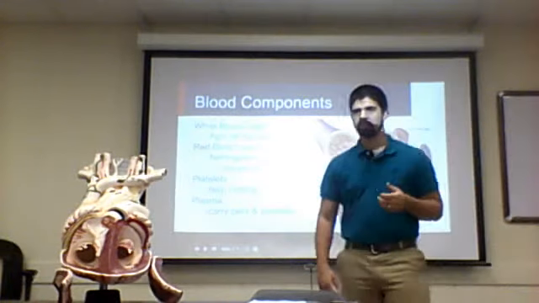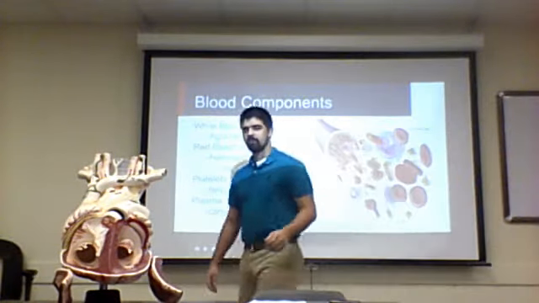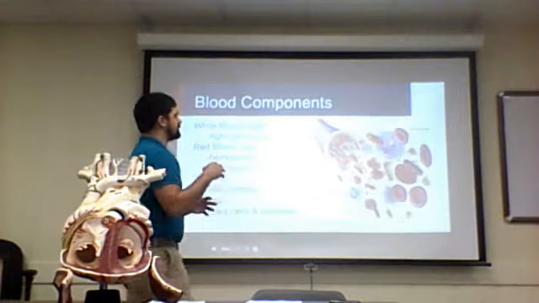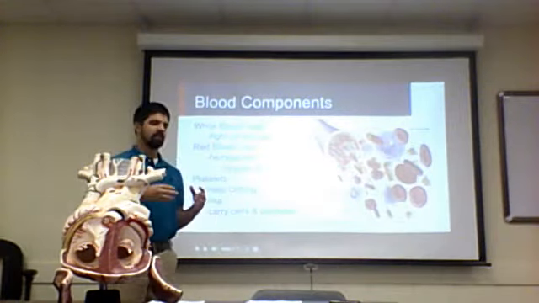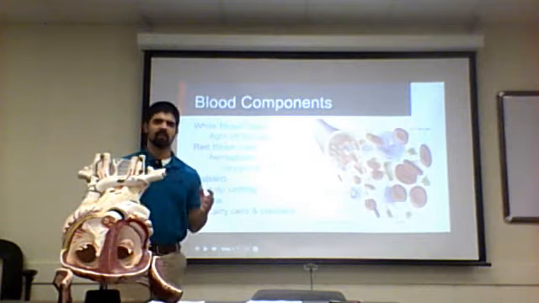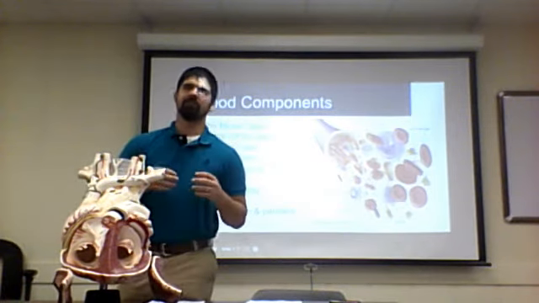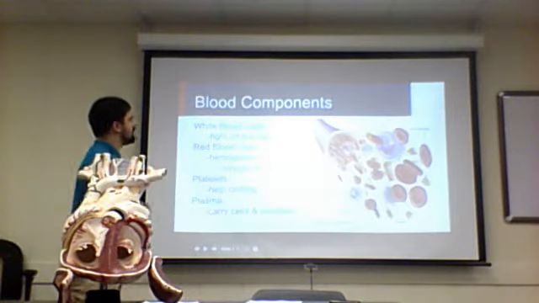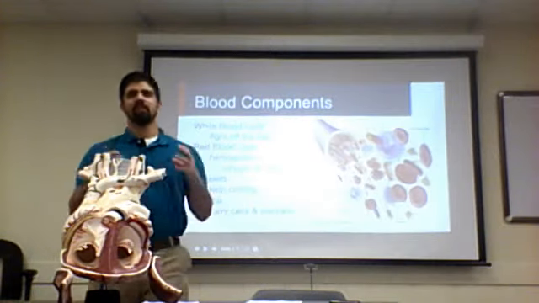But white blood cells, like we said, they help to fight infection. They can actually seek out and destroy foreign invaders, so to say, the foreign bodies or bacteria in your system. They actually bind to those and destroy those.